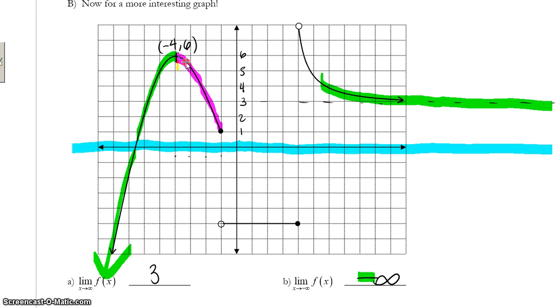So as x approaches negative 1 from the left side, right, f of x approaches, let me erase that.